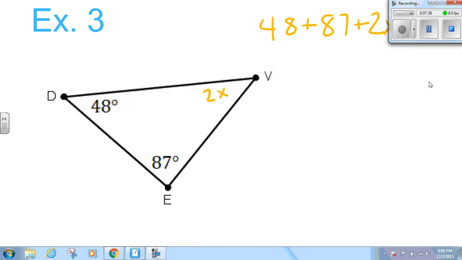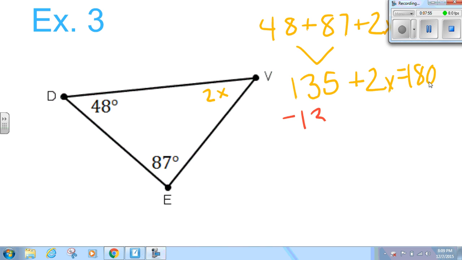And if I add 48 and 87 together, I get 135 plus 2x equals 180. So now this has turned into a two-step equation where I'm still going to subtract my constant from both sides, which will leave me with 2x on the left side equals 45.